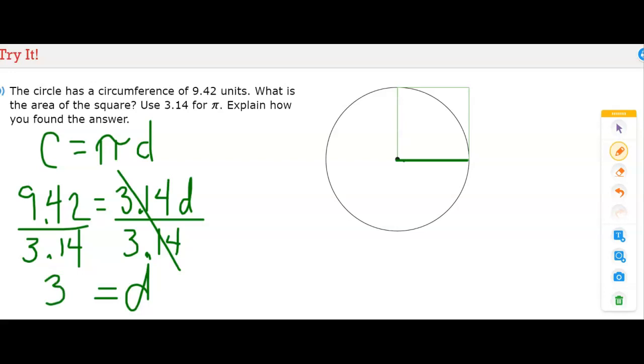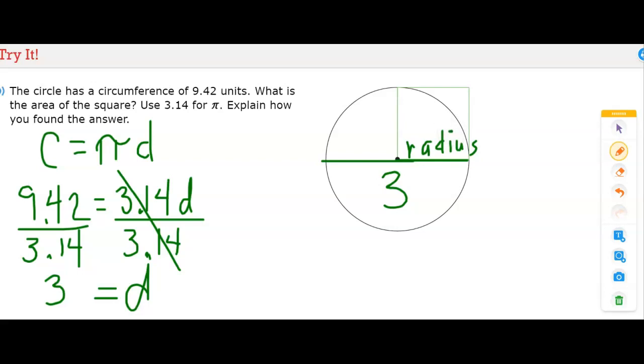So the diameter, the distance all the way along, would be 3. However, we want to find the radius, because the radius is halfway. The diameter is all the way across.